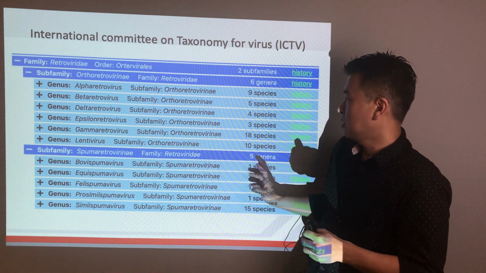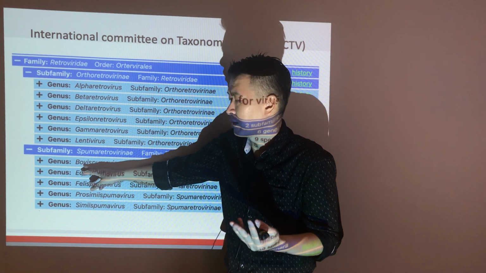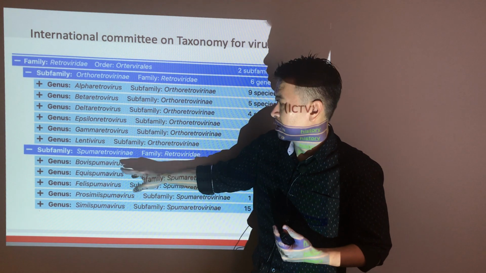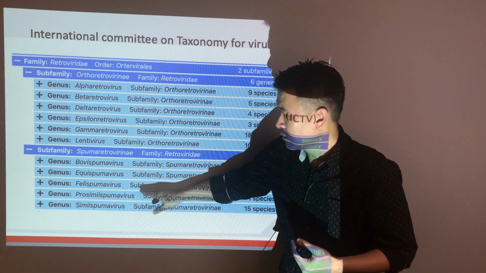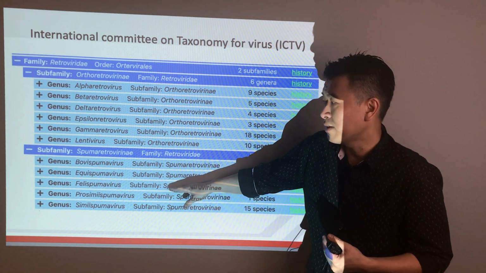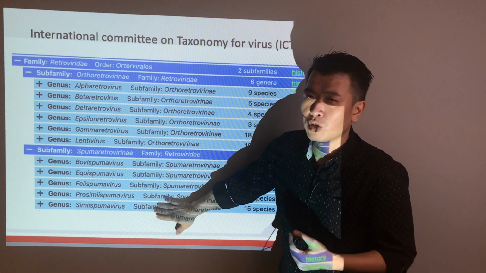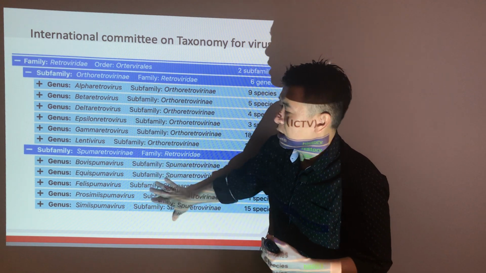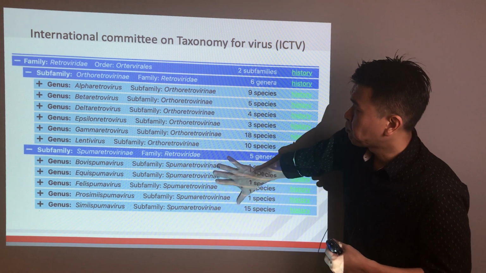There are 5 genera here. Bovine means cow, cattle, bull, and so on. So bovine spumavirus is the virus that infects cattle. Equine, horse. Feline, cat, and we have simian here. These are the 2 that infect monkeys, apes, and so on. So basically, these are the group of viruses that infect animals.